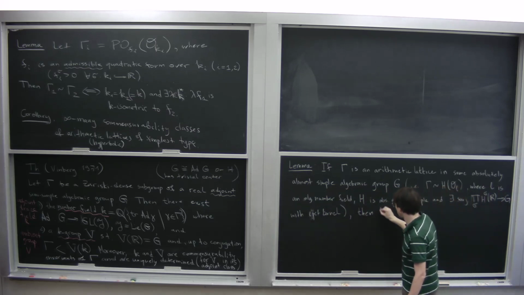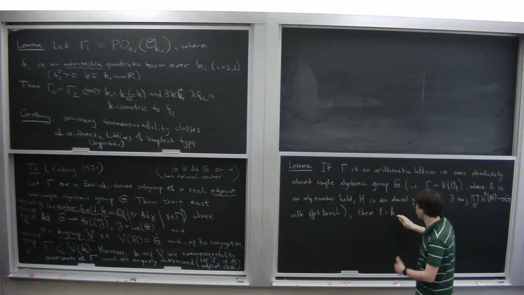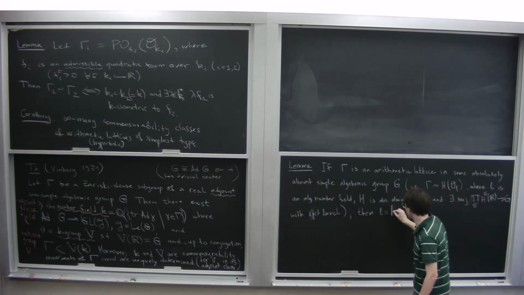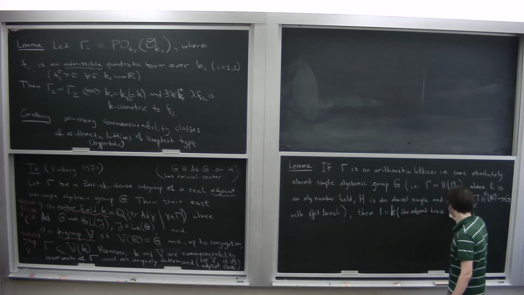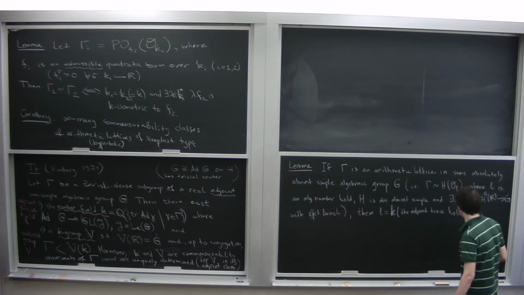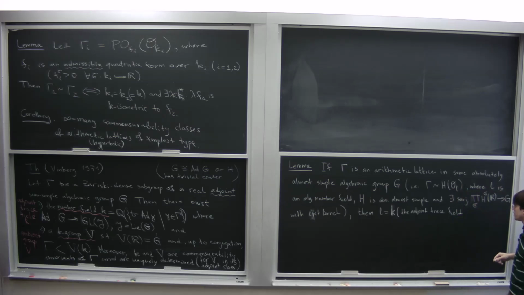Then L is in fact the adjoint trace field. I will write it here: L is the adjoint trace field, and in fact, it is totally real.